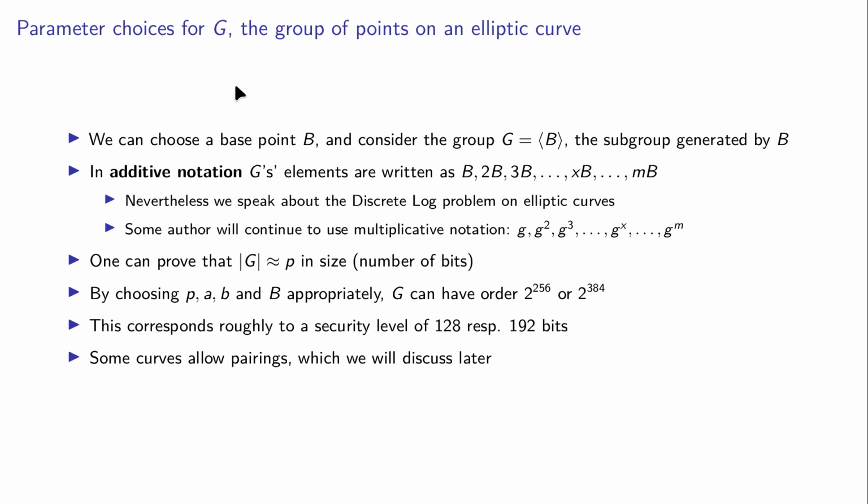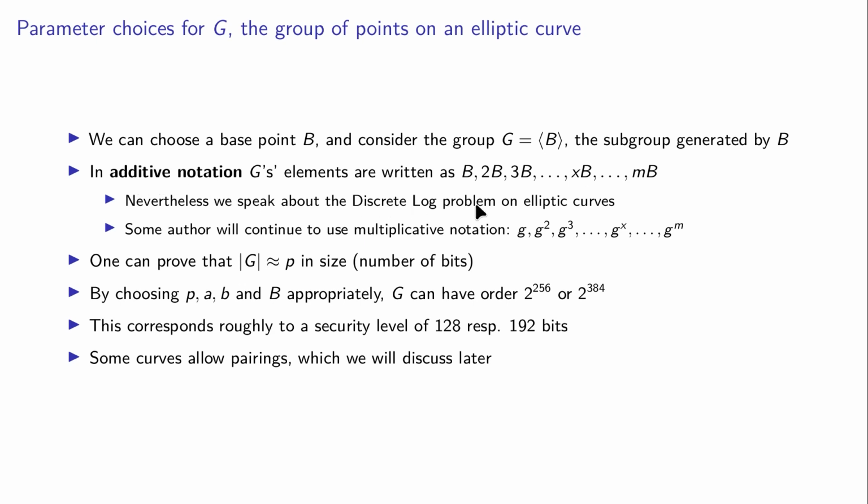To get a cyclic group, what we do is we choose a base point B, a point on the curve, and we consider the group which is generated by this point B. And in additive notation, that means that we are going to consider B, 2B, 3B, xB, up till MB, supposing that M is the order of the base point.